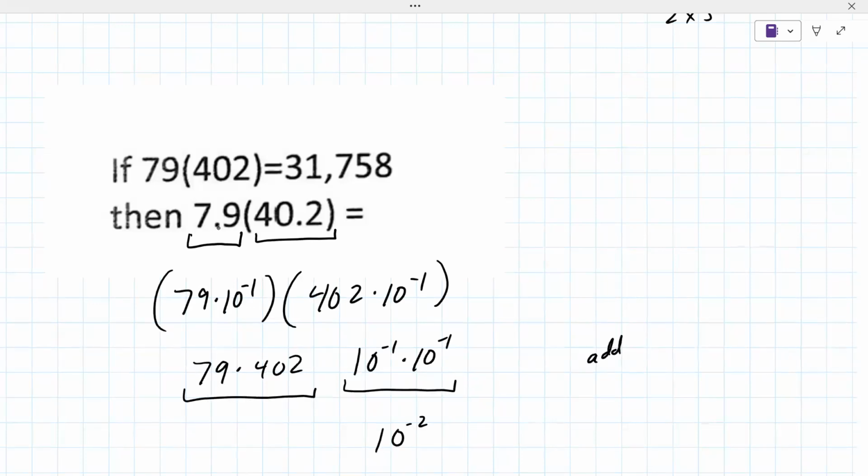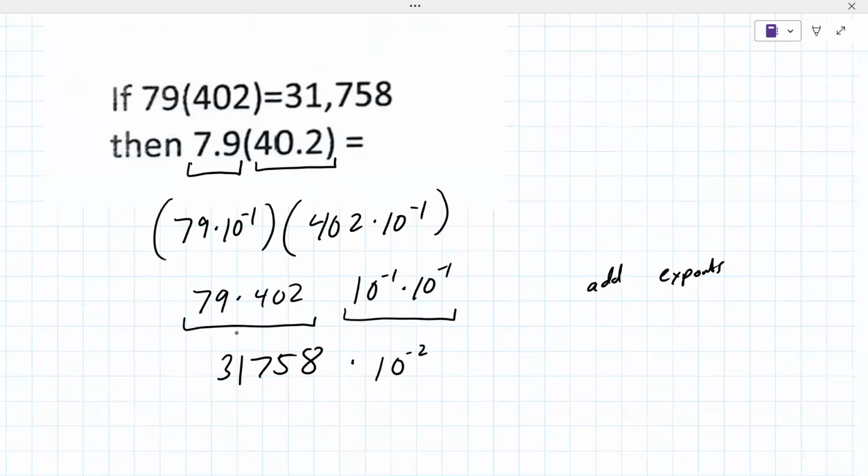You add the exponents. 31758. So now you just move the decimal left 2 places, so it would be 317.58. Okay. Yeah.